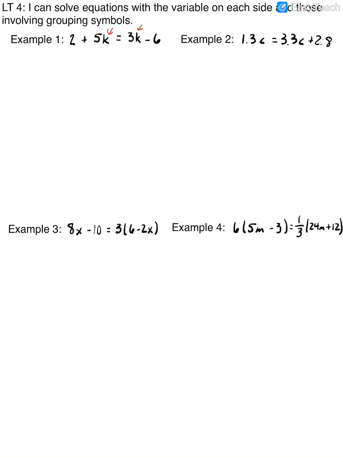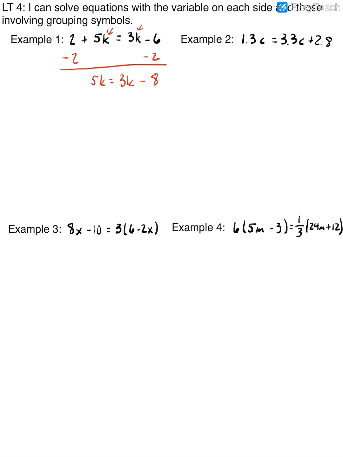Those are like terms, right? So we can move those just like we do the 2 and the negative 6. Normally you would say minus 2, move it to the other side, and that leaves you with 5k equals 3k, and then minus 8. That's something we do all the time. We've been doing that the last 2 learning targets.